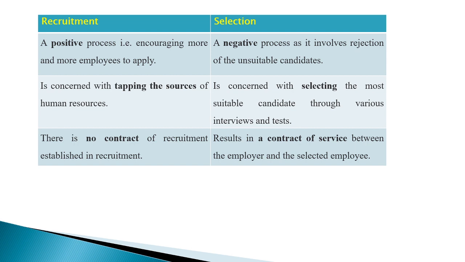In the process of recruitment, we are just trying to attract the applications, and there is no contract between the applicants and the company where they are applying. But in selection, there is a contract of service, which is the end result of the whole process of selection. So these are the basic differences.